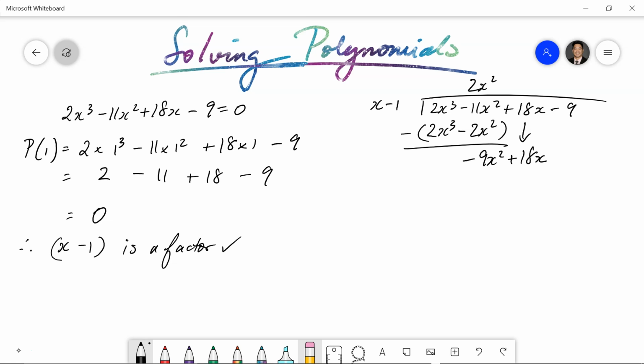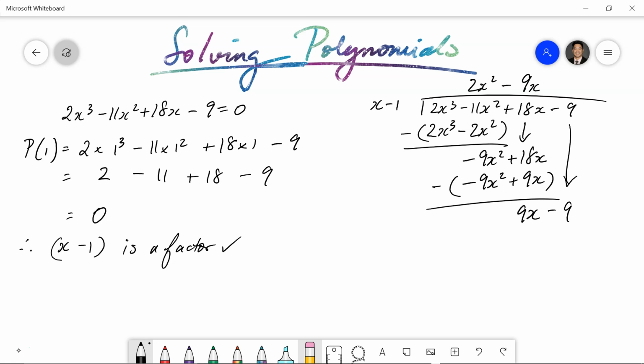From here, minus 9x squared divided by x is just going to give us minus 9x. If we re-multiply, then we get positive 9x over here. We subtract, and we'll get 9x down below.